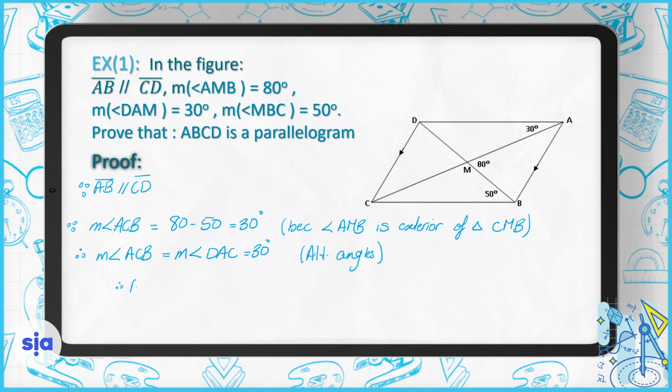Therefore, AD is parallel to CB, so now ABCD is a parallelogram.